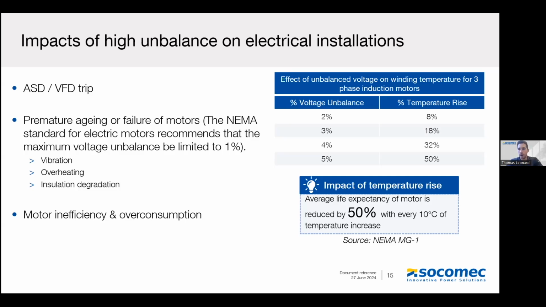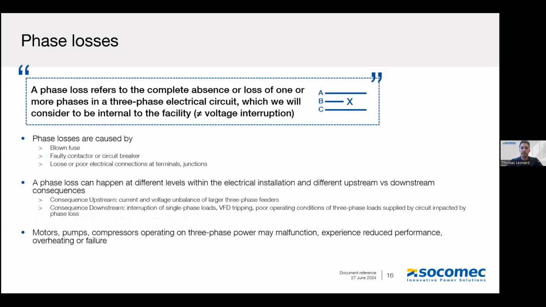So we looked at harmonics, we looked at imbalance. Another one we can look at, which is linked to imbalance somehow, is phase losses. So when we talk about a phase loss, we're talking about the complete loss or absence of one or more phases in a polyphase circuit.